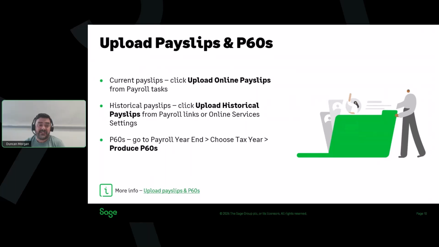If you do want to upload historical payslips, or if you've already updated records, you can use the Upload Historical Payslips link from the payroll links, or you can go into that step in Online Services Settings, step number 5. And then for the P60s, set your process date to the 5th of April, go to the payroll year-end tasks, choose the relevant tax year, and you can do that produce P60s step.